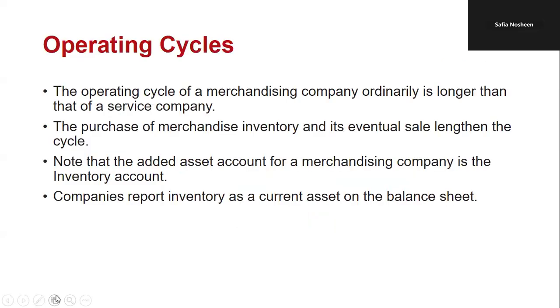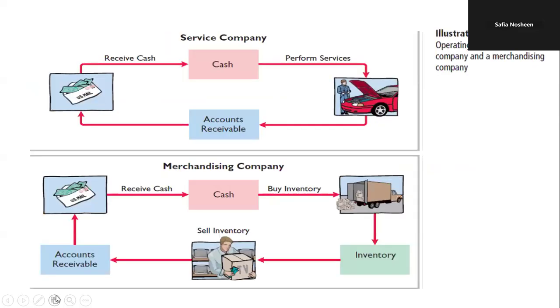In merchandising businesses, the operating cycle becomes a bit longer than in service companies, because additional steps are included in the operating cycle: the selling of the inventory, then the generation of accounts receivable, and then the receiving of cash.